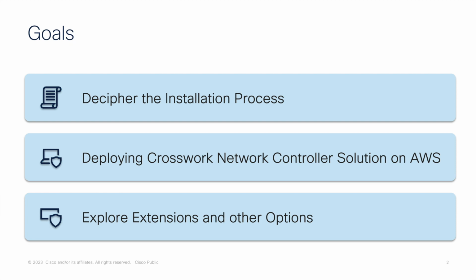As a part of the solution, we will be deploying a CNC cluster which has 3 nodes and 2 CDGs and a Windows VM. We'll also explore the extensions that we can extend this deployment to and see what operations can be automated or included as an extension for these CloudFormation scripts to do additional activities.